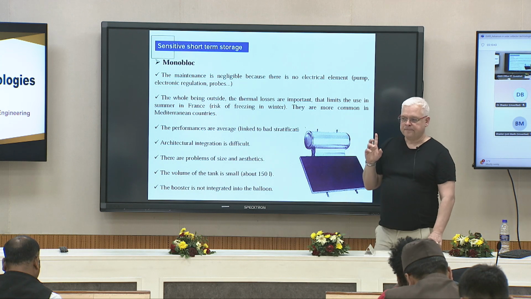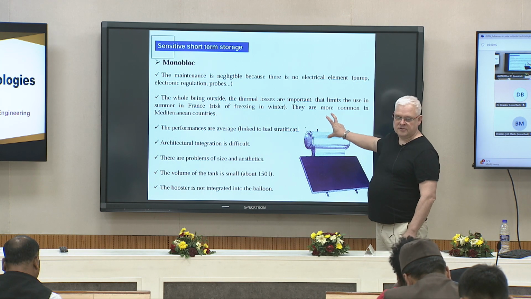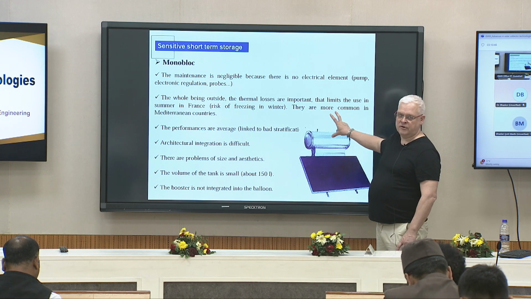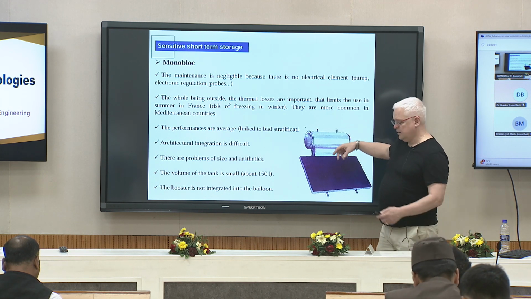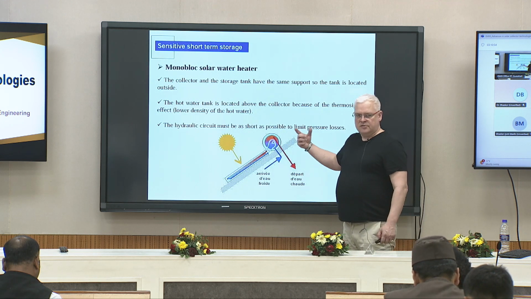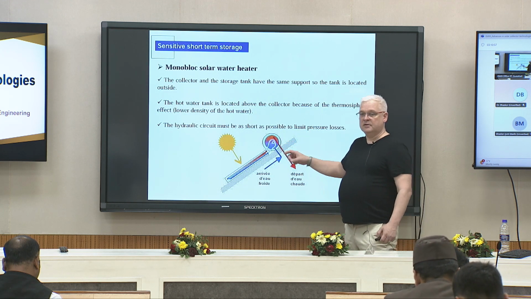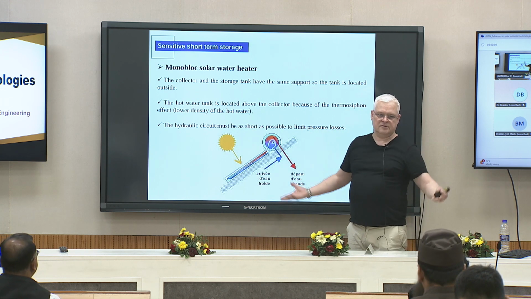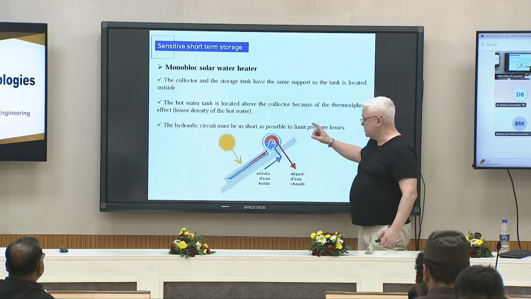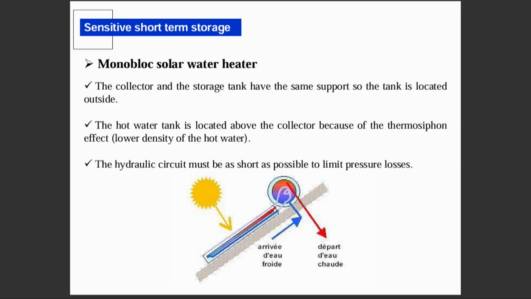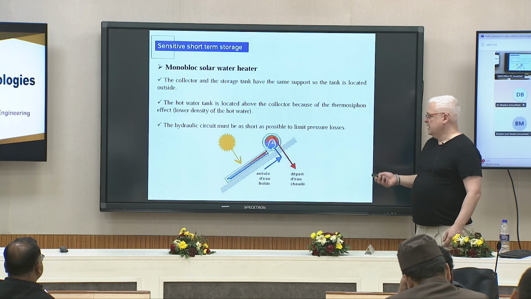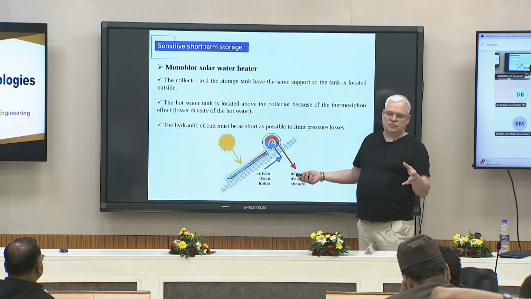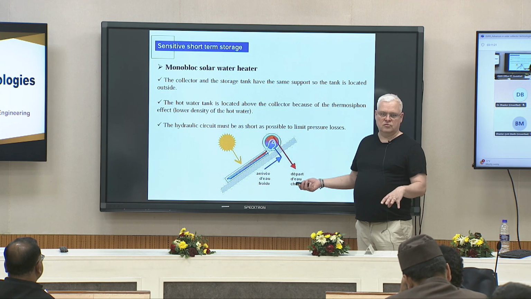You can imagine the insulation you would have to put in to avoid loss. It still remains the most lossy component in a house, because we don't put 30 centimeters of insulation around the tank. So it is well adapted for countries where winter is not so cold.